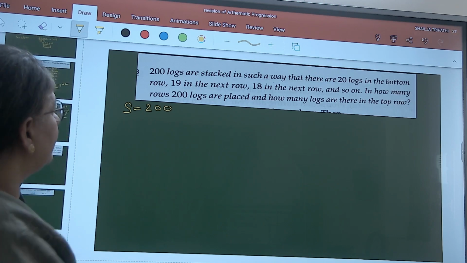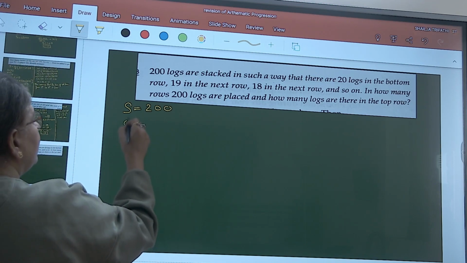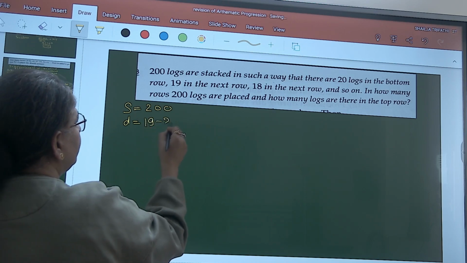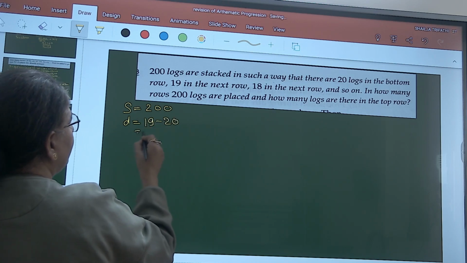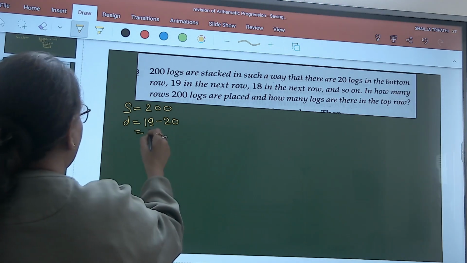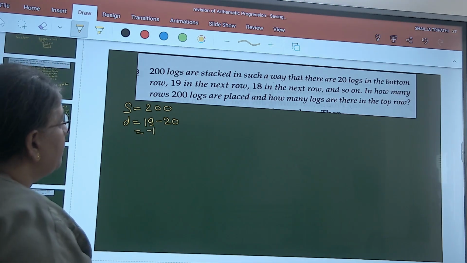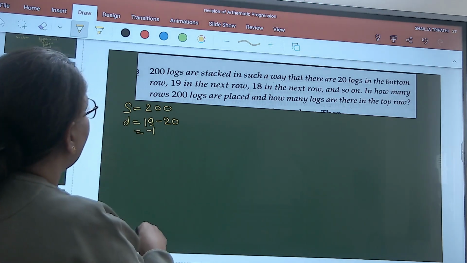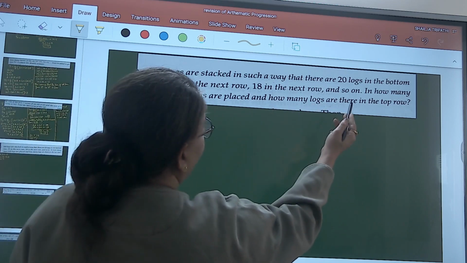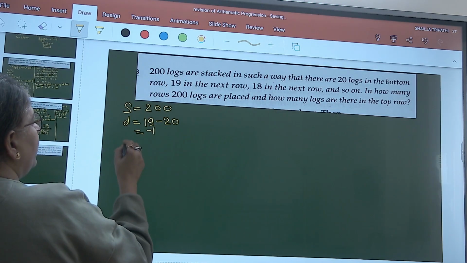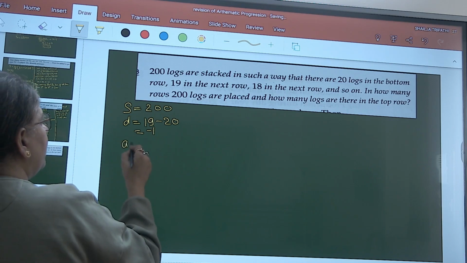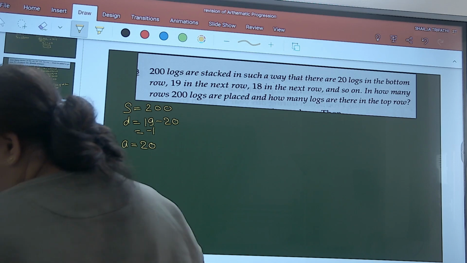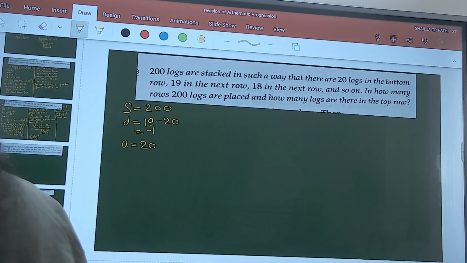Common difference is 19 minus 20, that is, it is minus 1. Okay, so these are the two values that are given, and 20 logs at the bottom. So a is equal to 20. So keeping these values in mind, now we'll solve it.